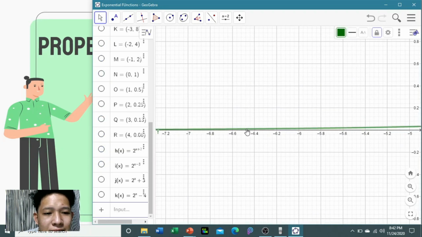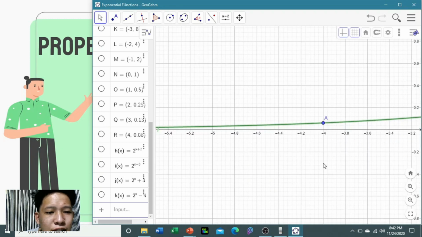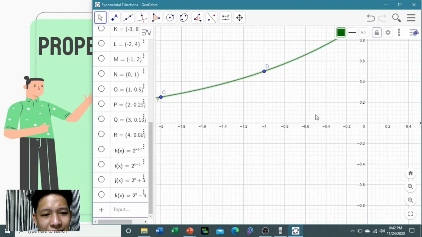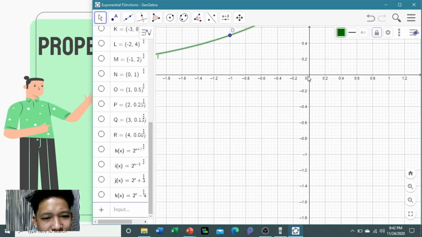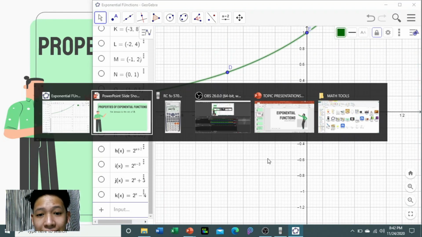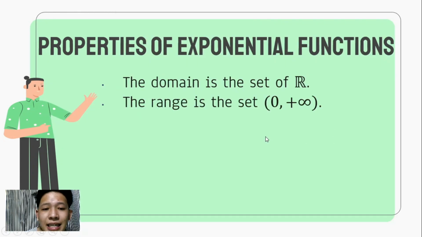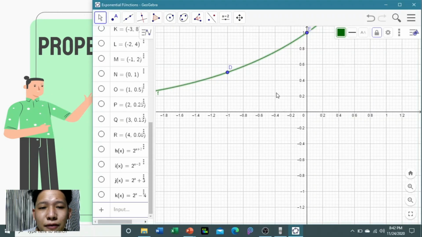And kung mapapansin din po natin, yung function value natin or yung y natin ay hindi lumalagpas dito sa negative side ng y-axis. In that case, we can conclude that the range is the set from 0 to positive infinity. So, from 0 excluded to positive infinity.